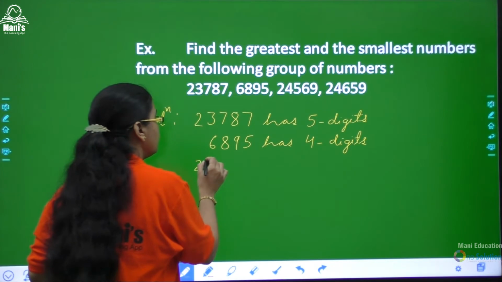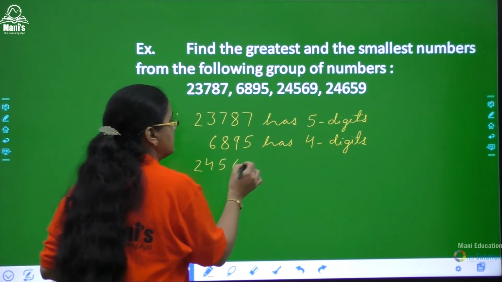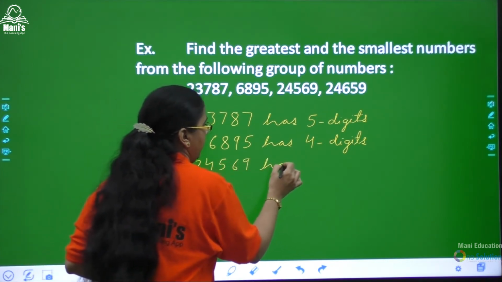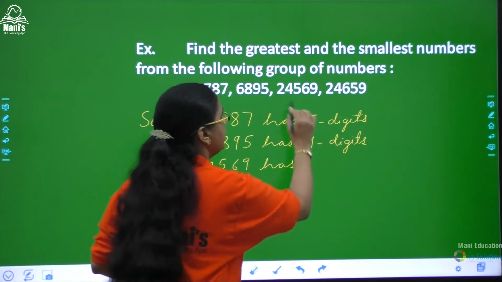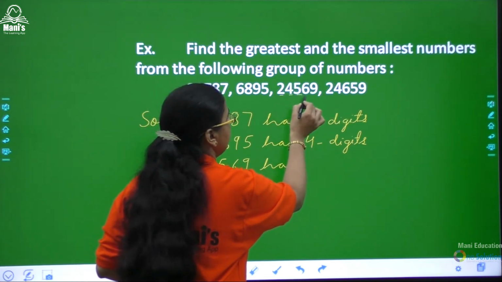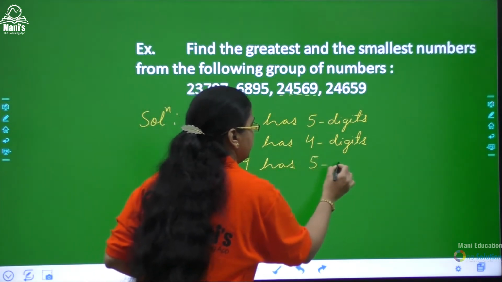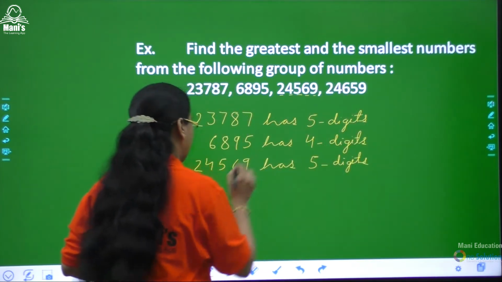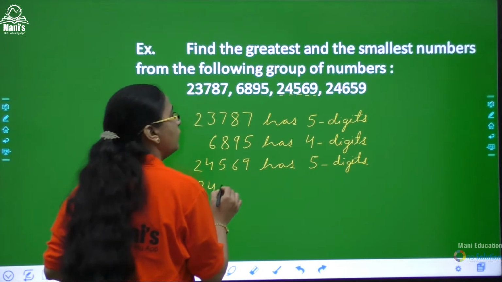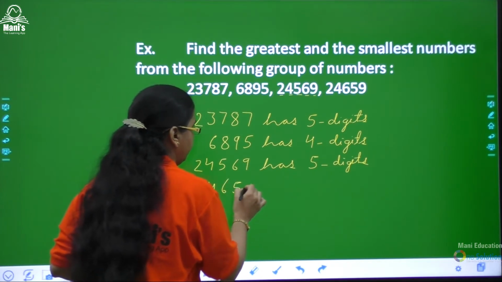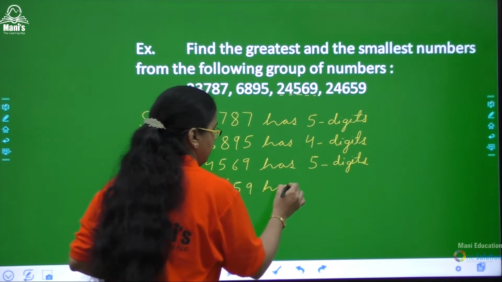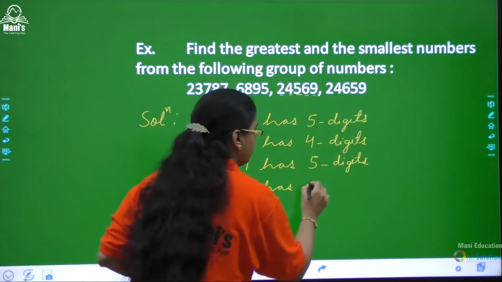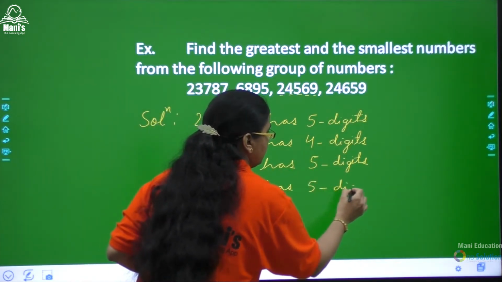After this, 2, 4, 5, 6, 9. It also contains 1, 2, 3, 4, 5 digits. 5 digits. The last one is 2, 4, 6, 5, 9. It is also containing 5 digits.